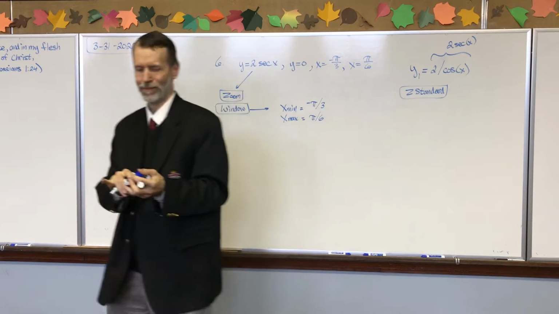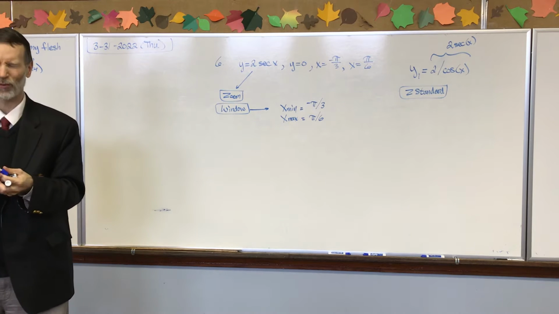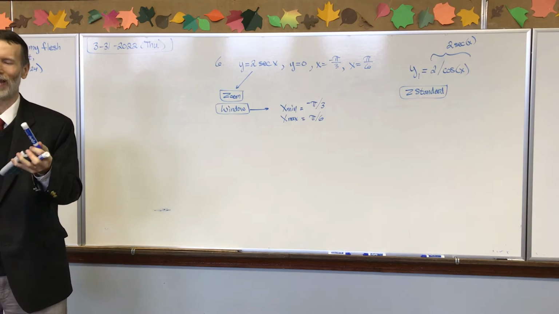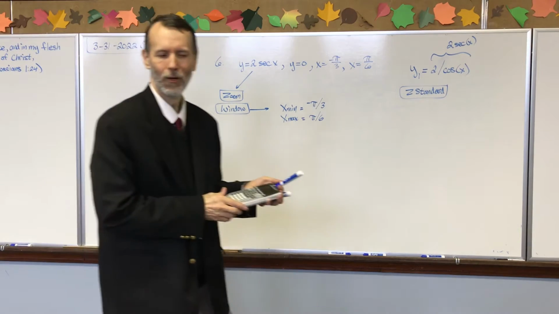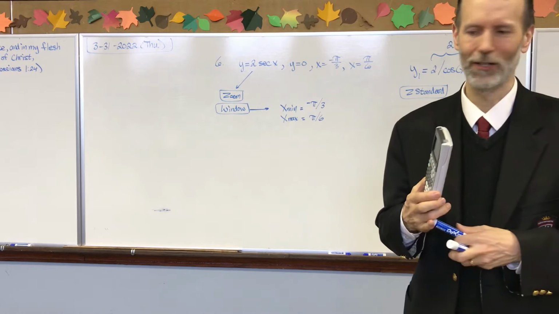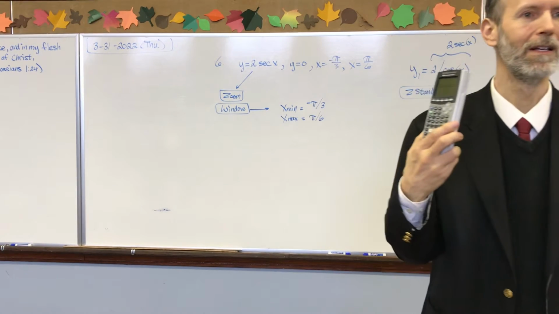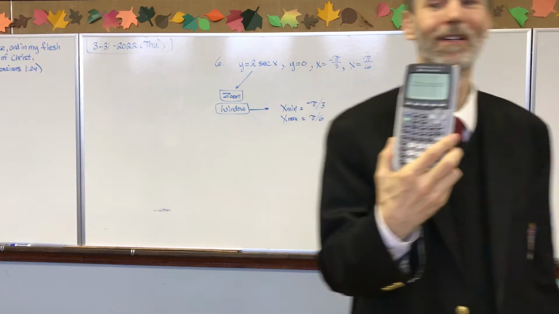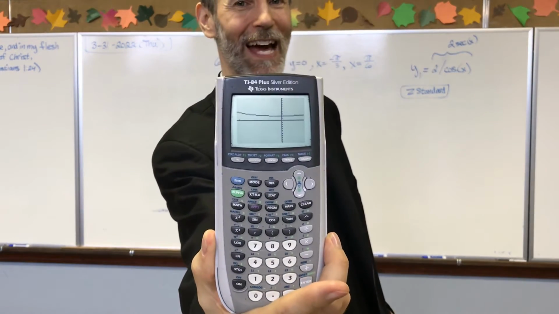Now hit graph. Let me see what your graph looks like. Hold up calculators. Yeah, that's looking good. And by the way, people at home should look like that. I hope it's on screen.